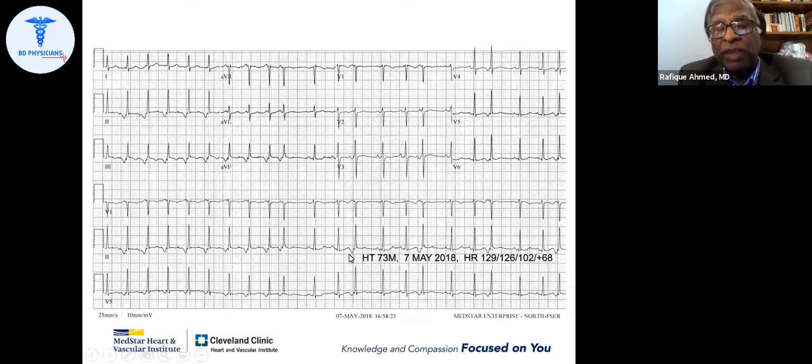This is inverted. Then a sinus beat, and another premature beat. So you look at the morphology. People always ask me, is it multifocal atrial tachycardia? To define multifocal atrial tachycardia, you have to have more than two morphologies of P wave and QRS complex. But this is only one morphology. So this is basically sinus rhythm with runs of atrial tachycardia and atrial premature beats.